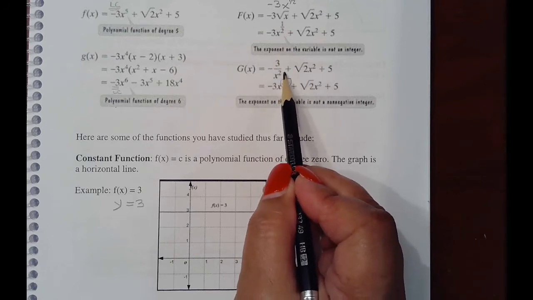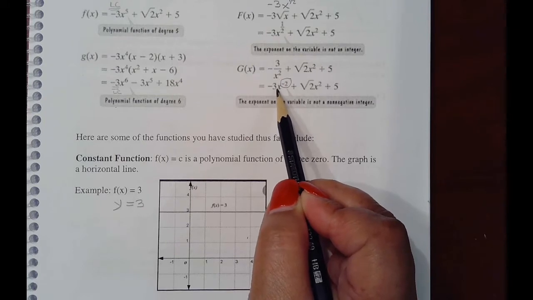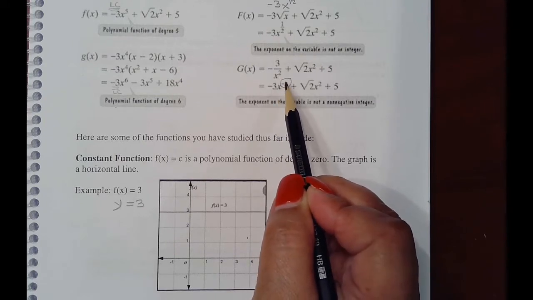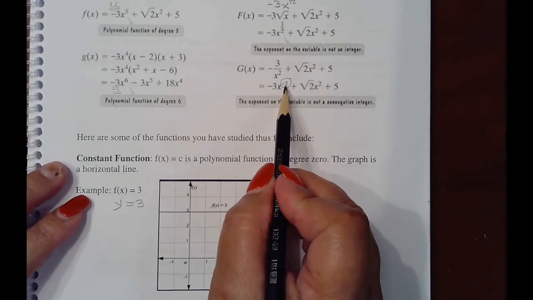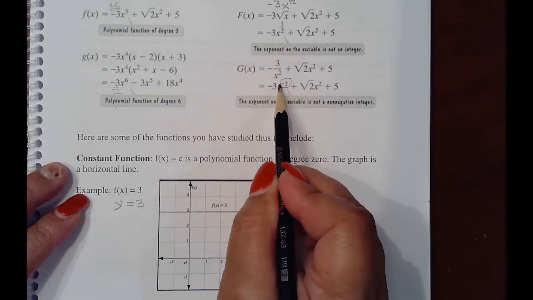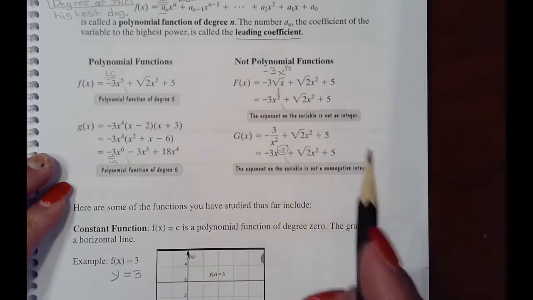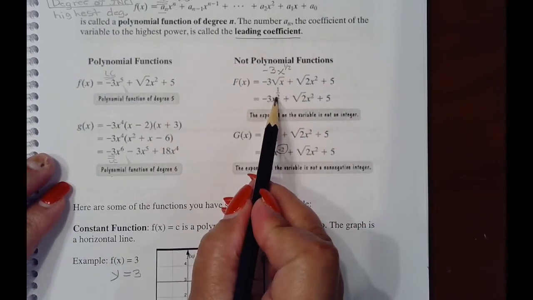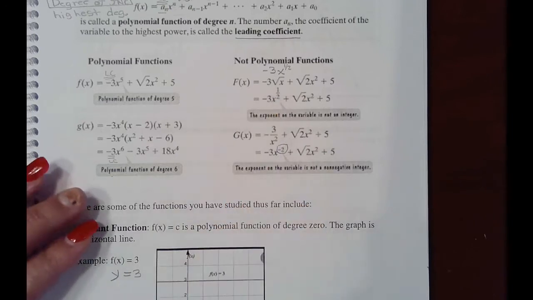When you have x squared in your denominator, that is the same thing, when you take it out of fraction form, as x raised to a power of -2. And those exponents may not be negative. They have to be non-negative. So because of this right here, this is not a polynomial function. And because of the power here being a fraction instead of an integer, this is not a polynomial function.